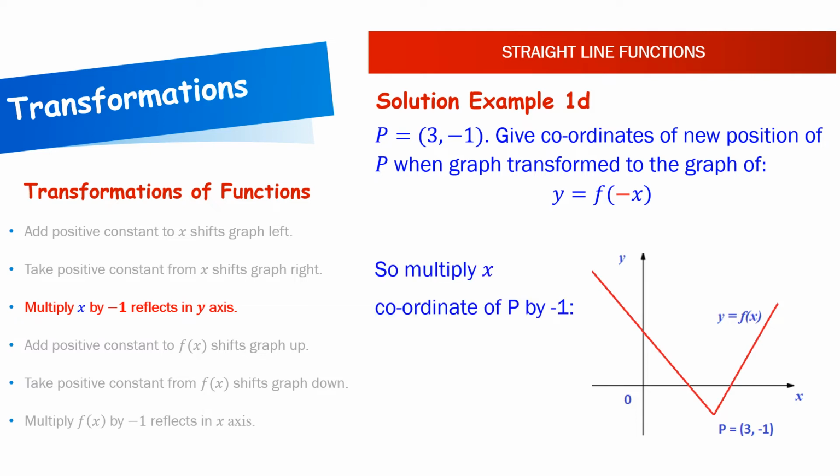So multiply the x-coordinate of P by minus 1 to give that the new coordinate of P is equal to minus 1 times 3, -1. So the new coordinate of P is -3, -1.